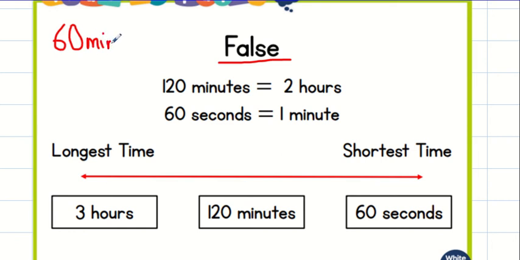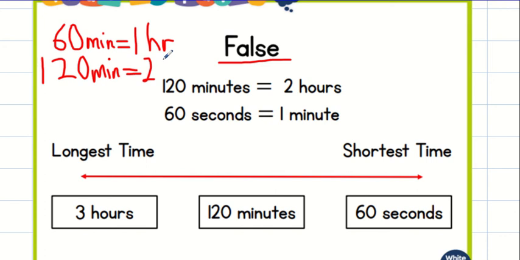And here we've got 120 minutes. So if we double 60, we think about our 6 times table maybe. So we've got 6 and then 12. So double 6 is 12. So double 60 is 120. We know that 120 minutes is going to be 2 hours.